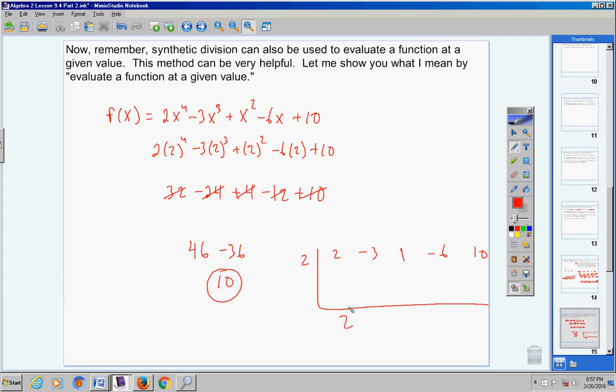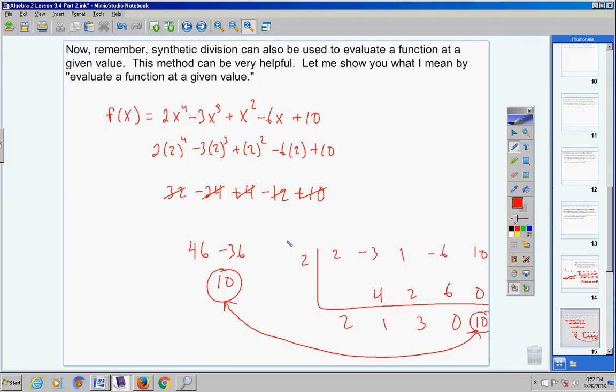Bring down your 2. Multiply. Combine. Multiply. Combine. Multiply. Combine. Multiply. Combine. What did we get out over here? 10. What's your last number right here? 10. Booyah. It works perfectly, and that's so much faster than doing all of this.